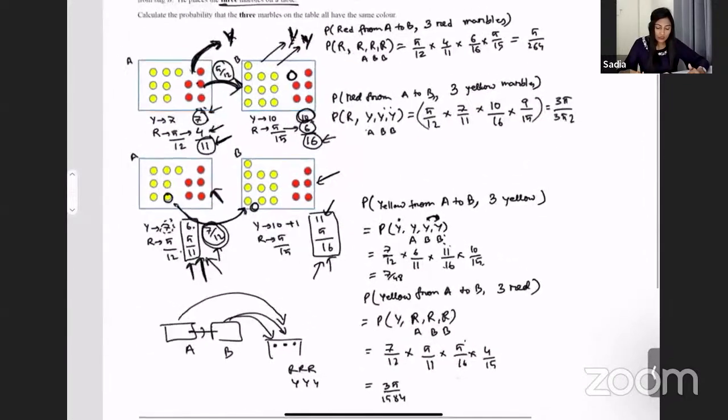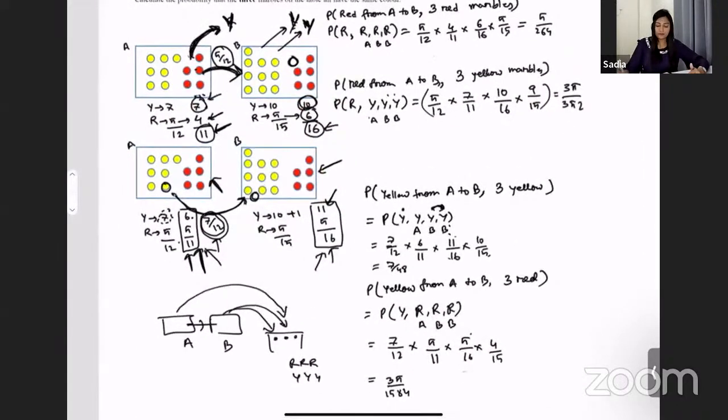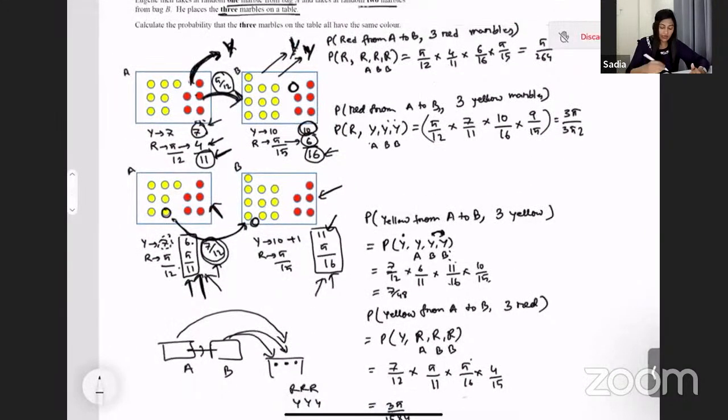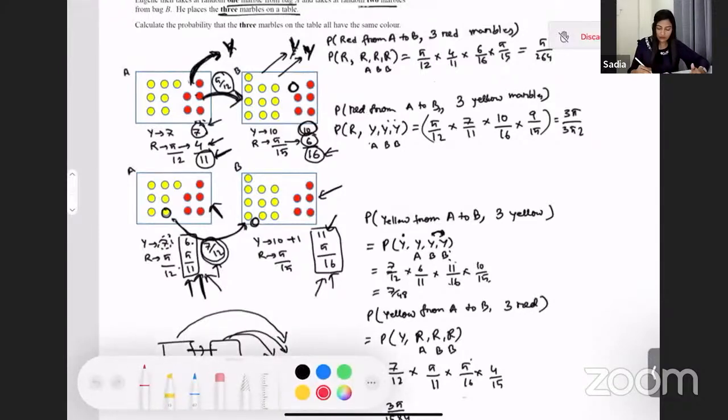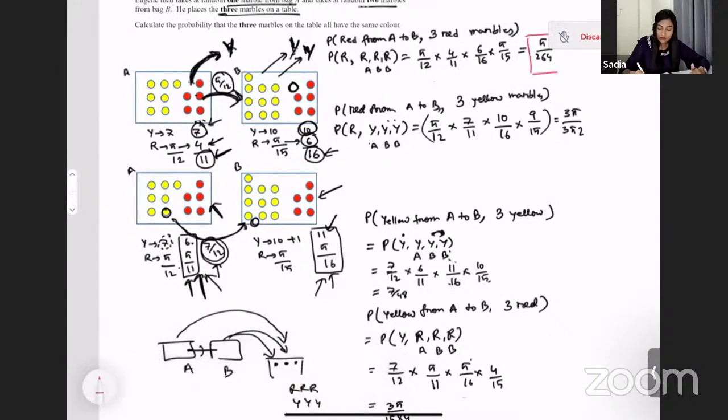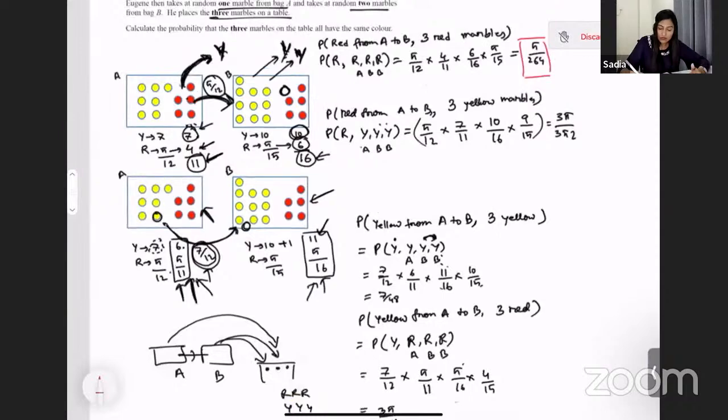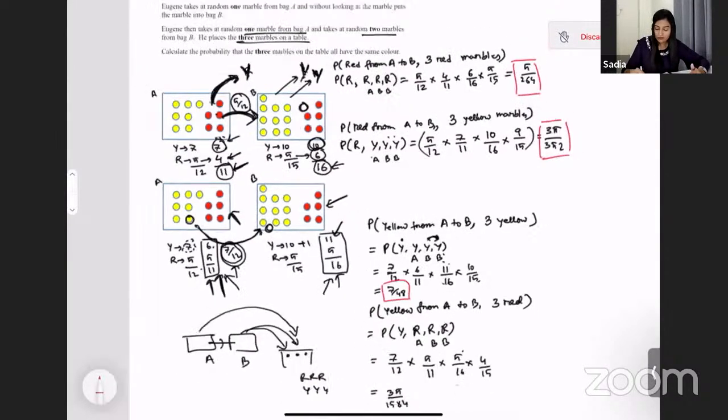So I'm almost done. All the values are given here. Now you just need to add these 4 final values to get the answer.